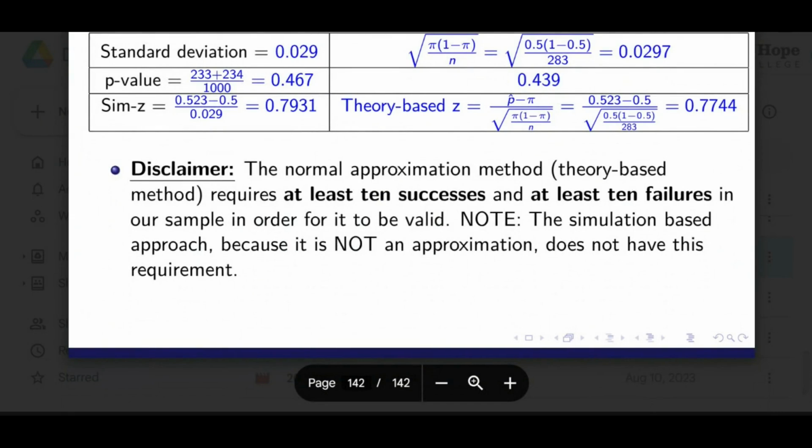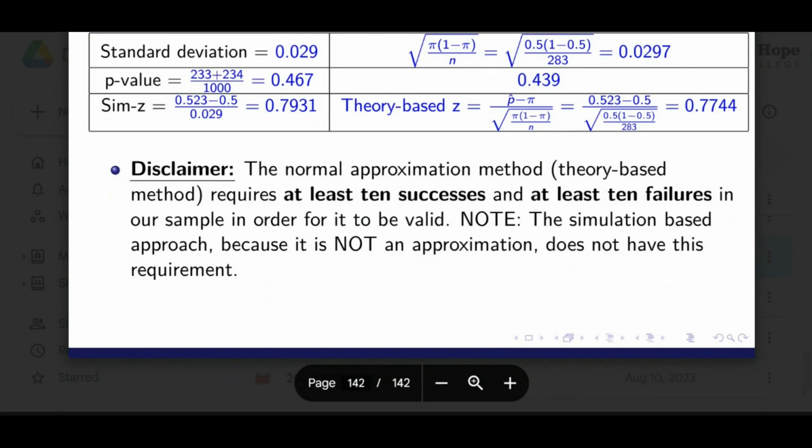Let me explain. You know that a proportion is always based on a binary response. Did the child choose candy or toy? You have to pick one direction as a success. If you say candy is a success, it means you need at least 10 children choosing candy, and a failure would be choosing a toy.